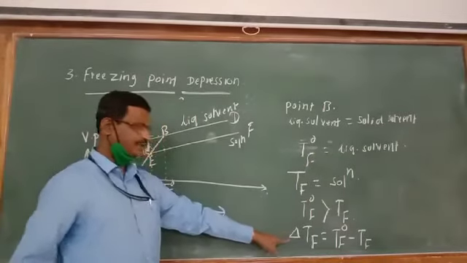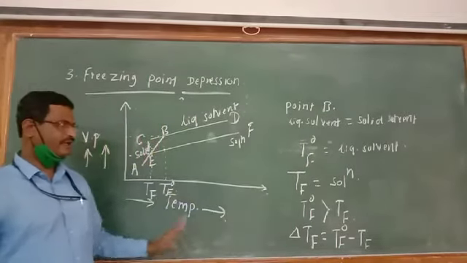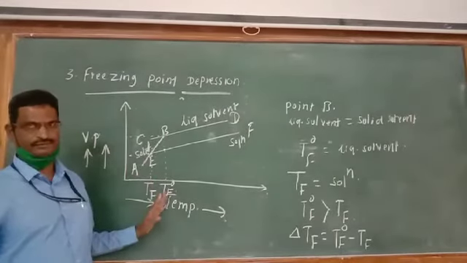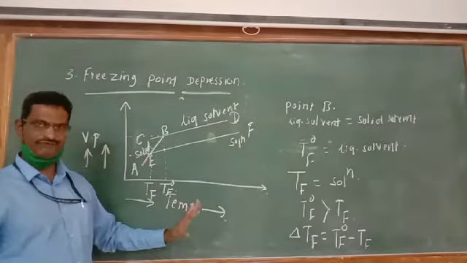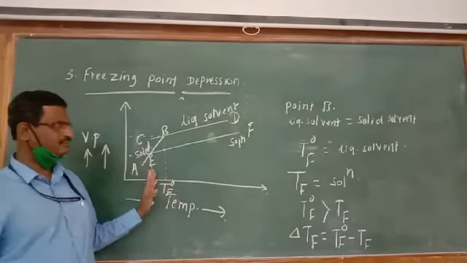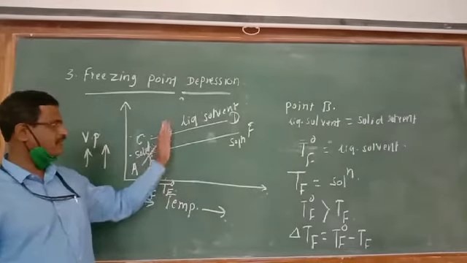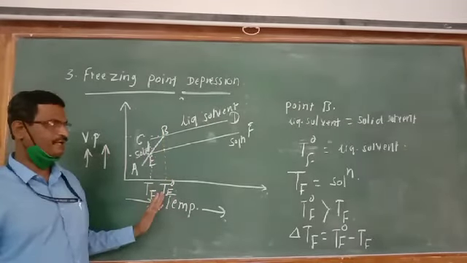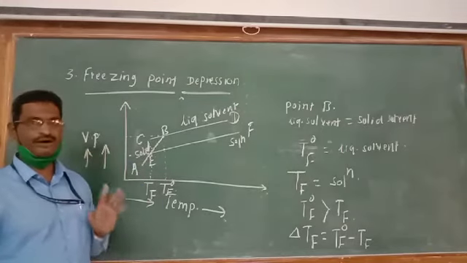This difference is known as the depression of freezing point. You must have got it. This is the consequence of vapor pressure as a function of temperature on the depression of freezing point.